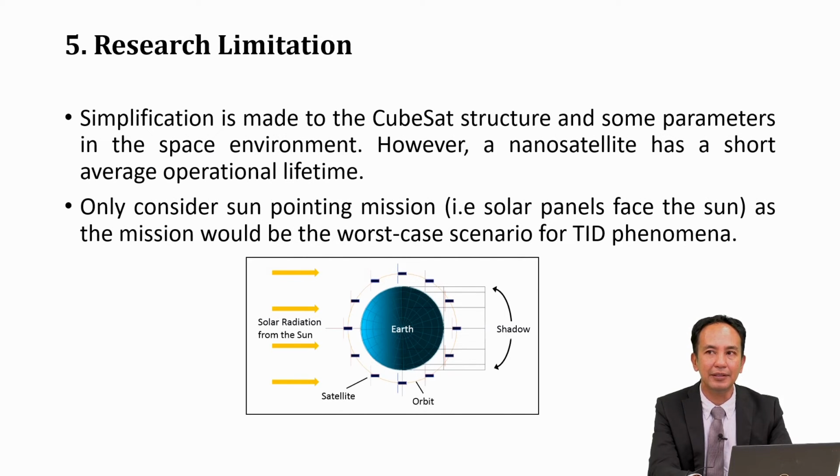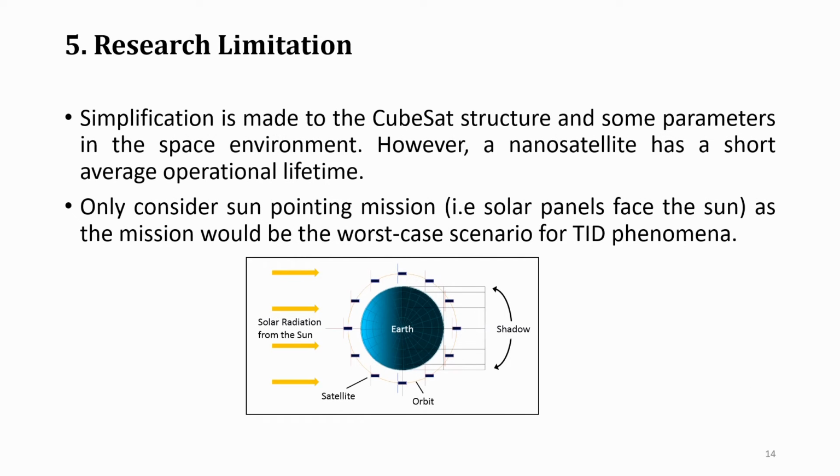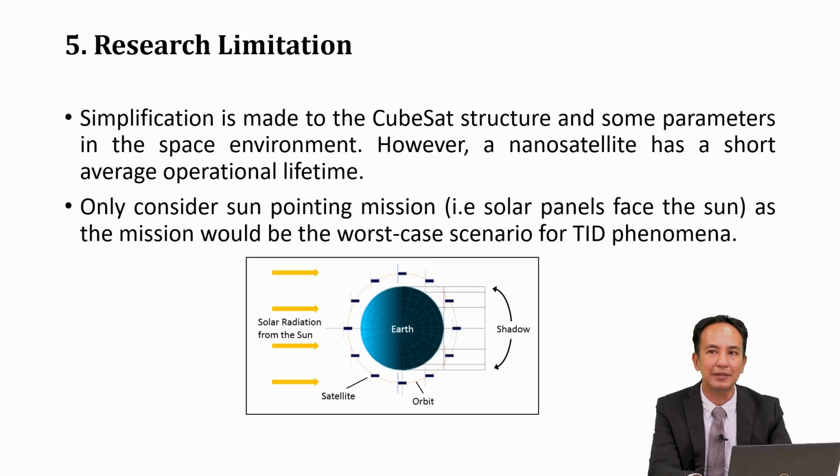In this research, some simplification is made to the CubeSat structure and some parameters in the space environment. For example, the material properties are assumed not degraded from exposure to the harsh space environment. However, since a nanosatellite normally has a short average operational lifetime, that assumption can be considered acceptable.